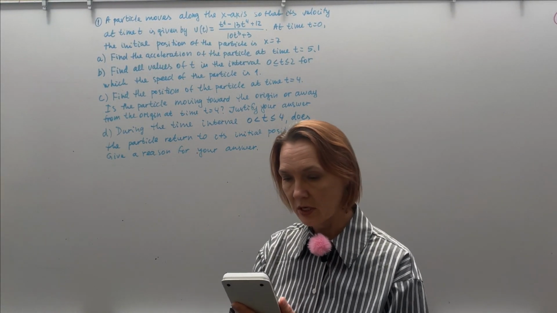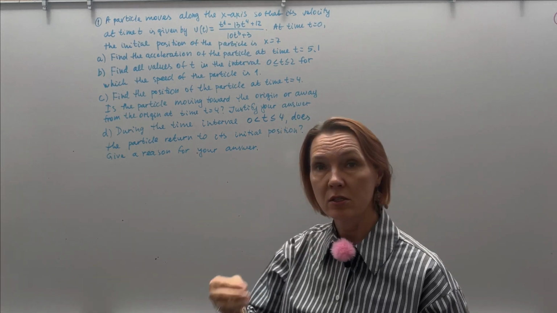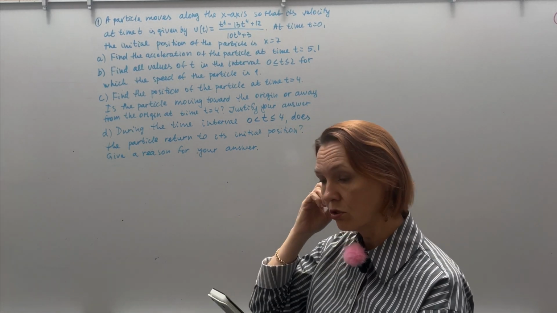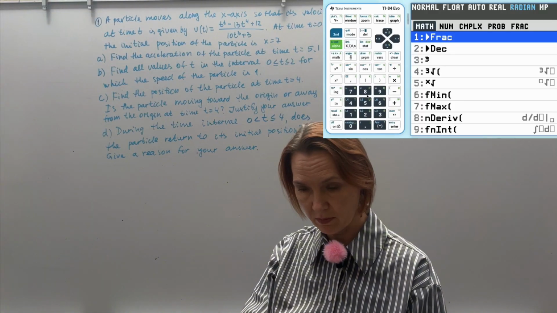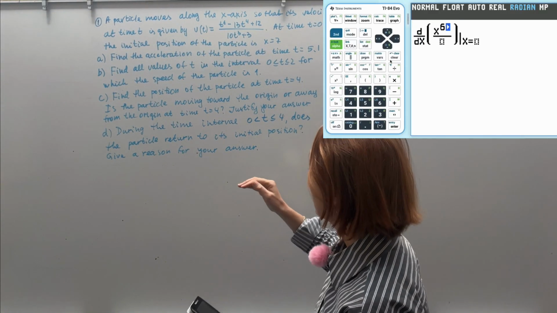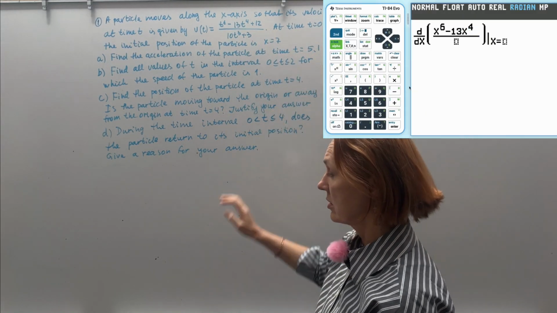Because it's a calculator section and the question is to find the acceleration at a given time, it's a purely numeric problem. So what you will have to do is use your numeric derivative. Math 8 for numeric derivative, and you are going to type in d/dx of this function at this time.